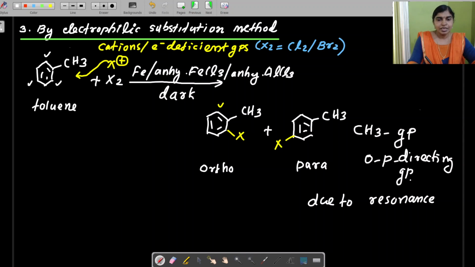Okay, and instead of halogen, if you are adding chlorine here, you will get a chlorine substituted product. If it reacts with chlorine, you will get a chlorine substituted product here, here and here.